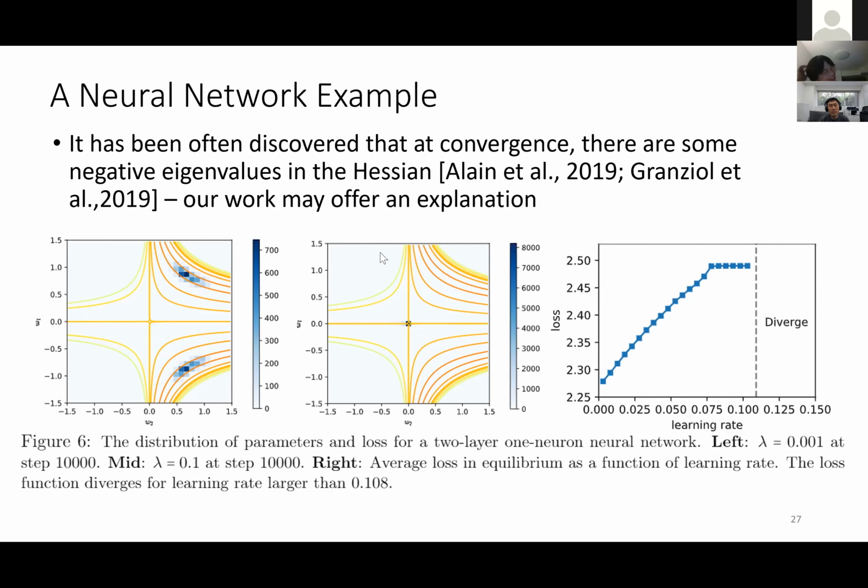I would wonder whether natural gradient descent always escapes saddle points, but I'm not sure of any proof so far. But I think it's a possibility. And therefore, it's a very potentially worthy future direction to study, I think. Thank you very much.